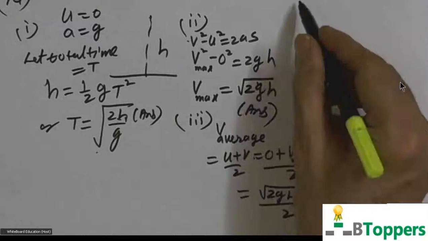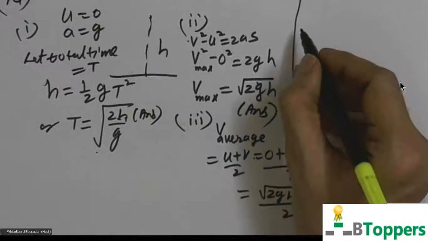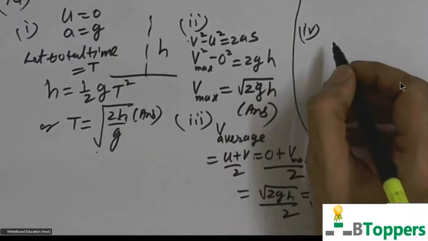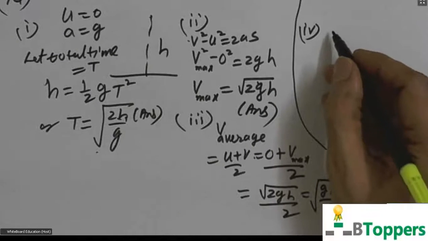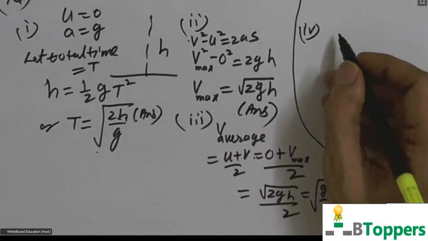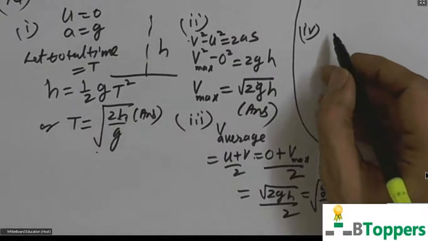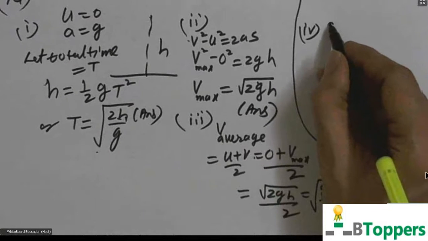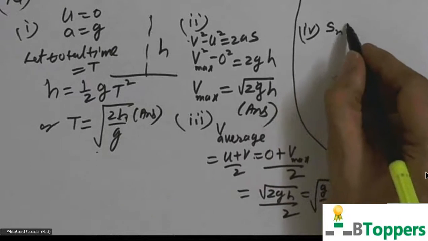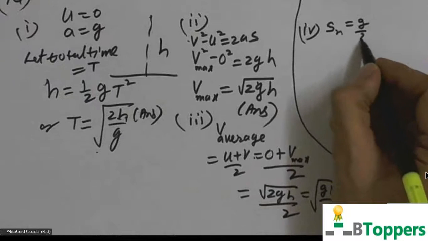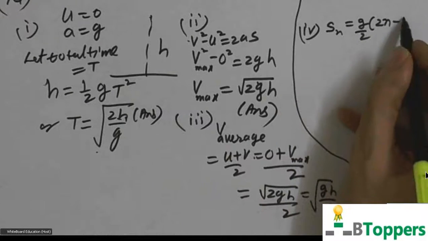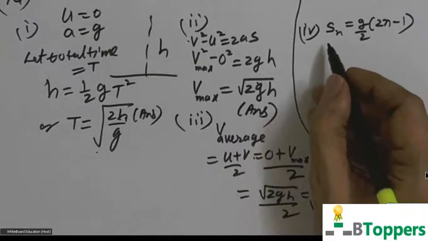Coming to the last part of the question. Displacement covered by the freely falling body during the nth second is numerically equal to g by 2 into (2n minus 1).